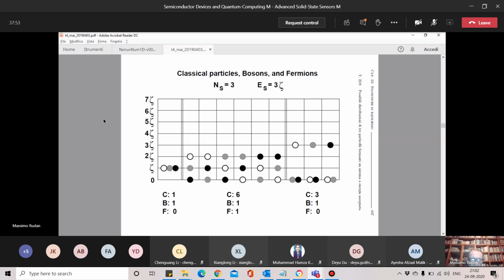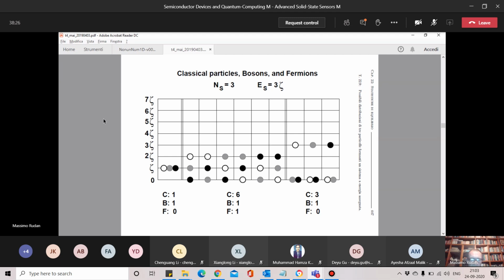Because besides fulfilling the constraint on the total energy, you must fulfill the constraint for quantum particles, also on the indistinguishability of them, and in the case of fermions, an additional constraint due to the exclusion principle. So the placements turn out to be very, very different. Okay?